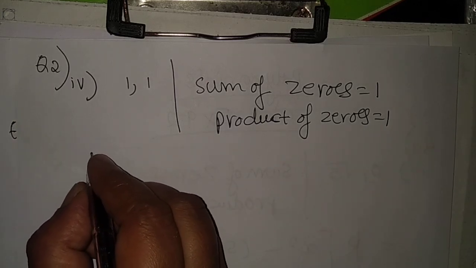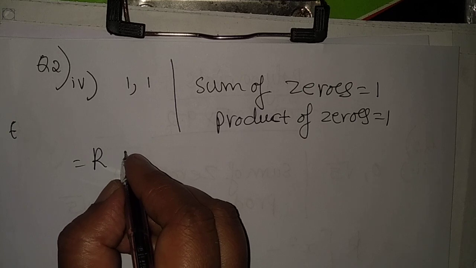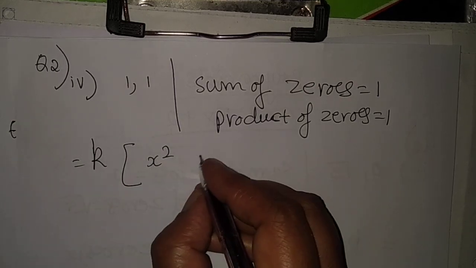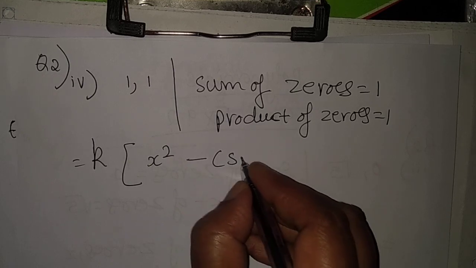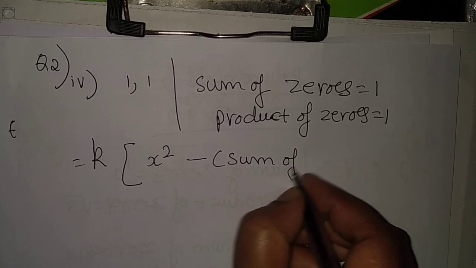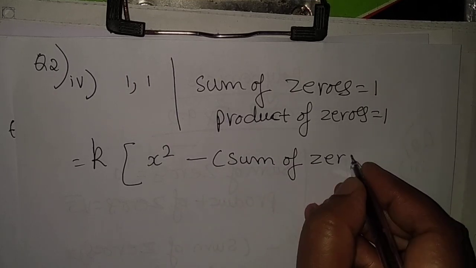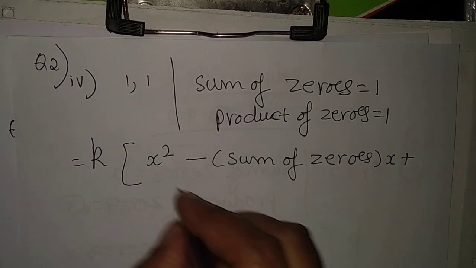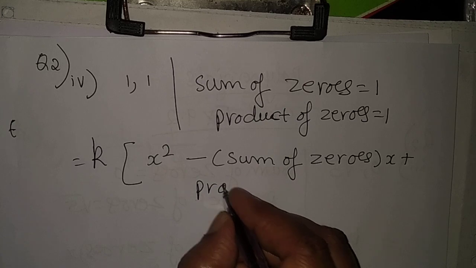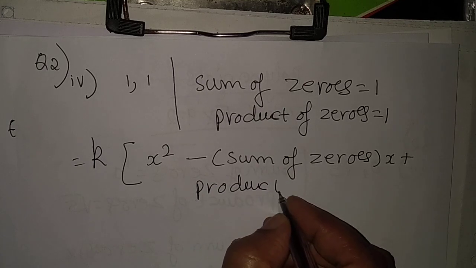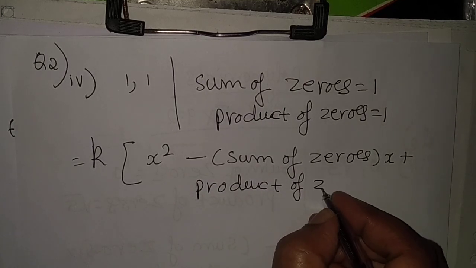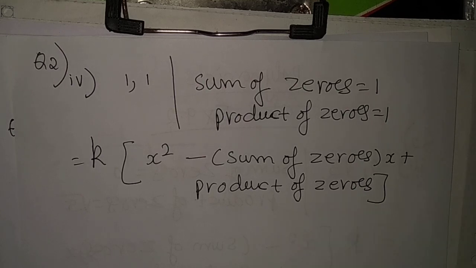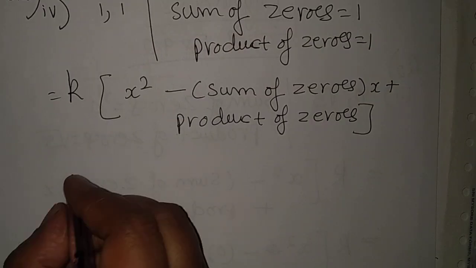Then substitute in the equation: x square minus sum of zeros plus product of zeros.